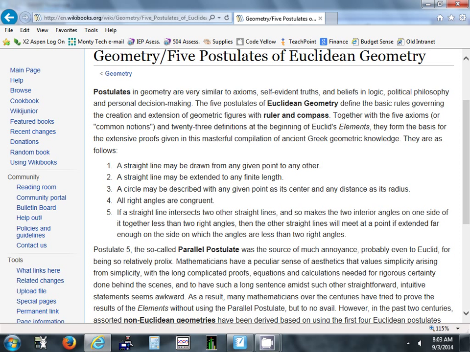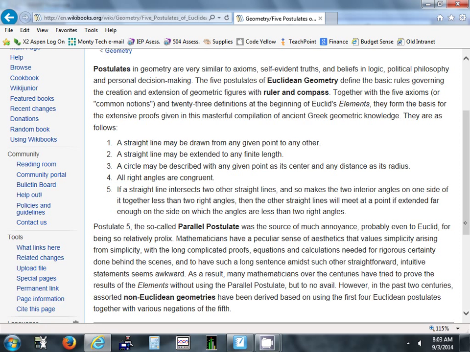The 4th one: all right angles are congruent. We're going to learn later on that a right angle is basically an angle that's 90 degrees. And the last postulate says if a straight line intersects 2 other straight lines, using some words we might not know yet, and makes the 2 interior angles on one side of it together less than 2 right angles, then the other straight lines will meet at a point if extended far enough on the side on which the angles are less than the 2 right angles.